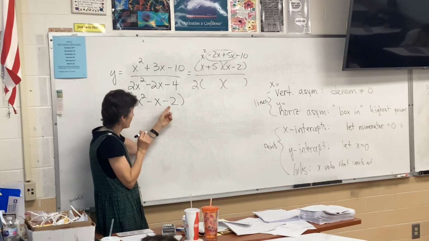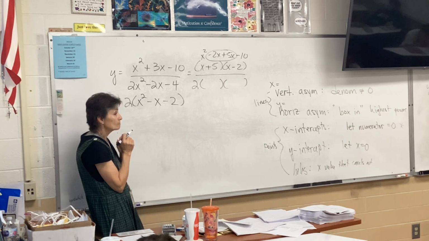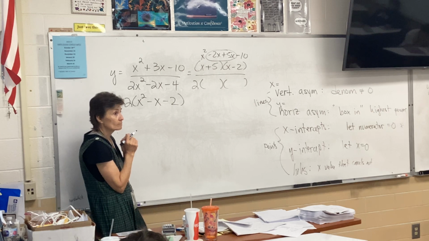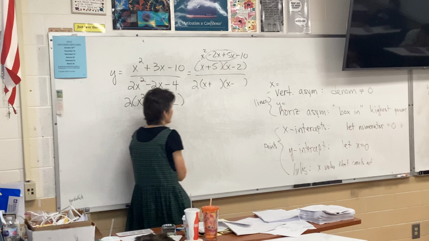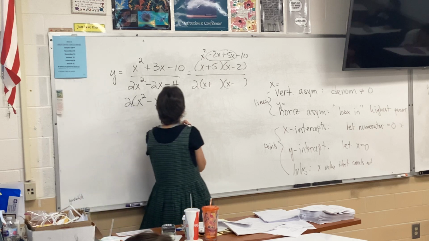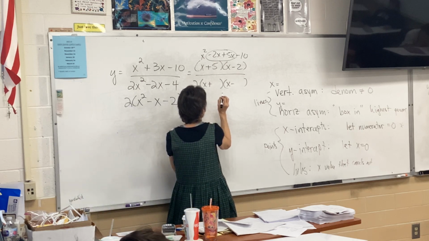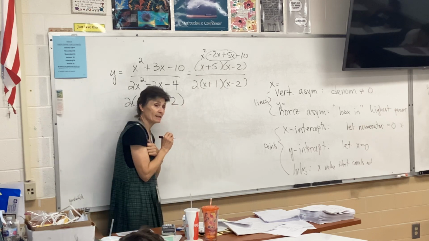But now you're going to factor this. So does anybody know how that factors? X plus, x minus, you say? Okay. 2 and 1, but it should be -2, +1. Perfect. Now, I think that's right.